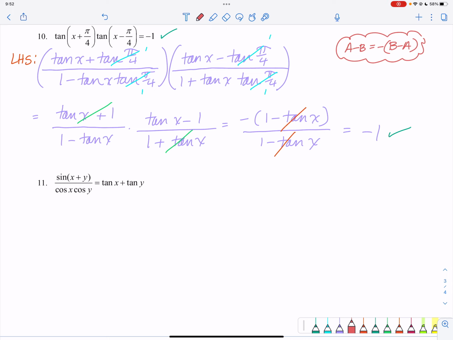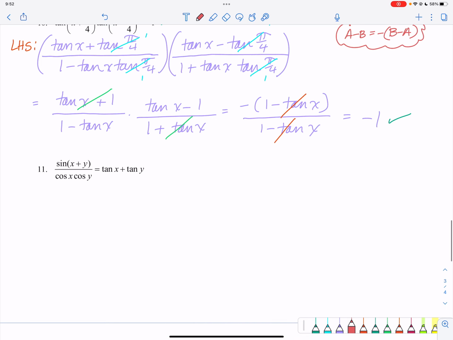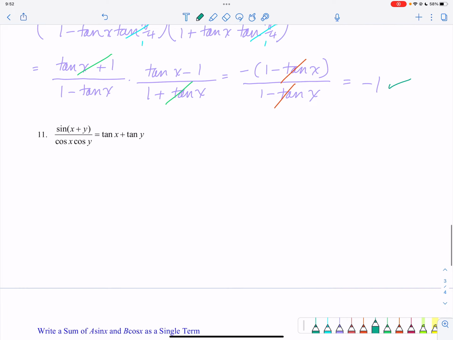Okay, so let's take a look at number 11. We have the sine of a sum, and that's divided by the product of the cosine of two different angles, those two angles that we are using there in the numerator.